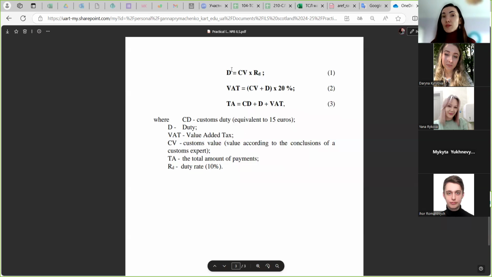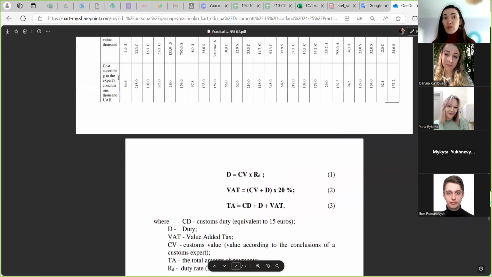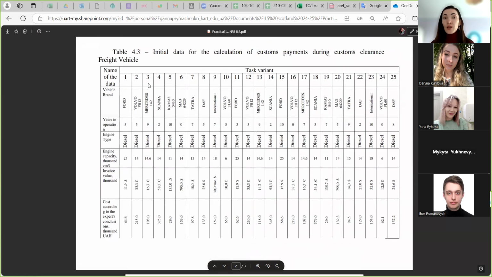We used it in our formula number 1, and the result of our first formula, when we find G, it is duty. So we find your CV in our table. For variants, I can also open it so you can see it. It is the last line of this table.